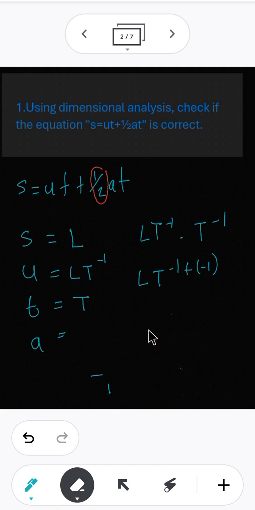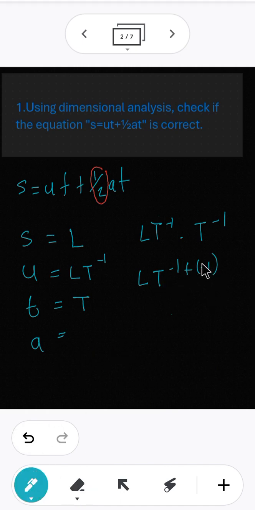Now, there's a video I dropped on science, a very short video. If you watch that video, you understand what to do here. But regardless, whenever you have plus multiplying minus, it gives minus. So LT minus 1 minus 1, negative 1, negative 1. You borrowed 1k from someone, you went ahead again and borrowed another 1k. How much are you owing that person? You're owing that person 2k, so that's T minus 2. So the dimension of acceleration is LT minus 2.